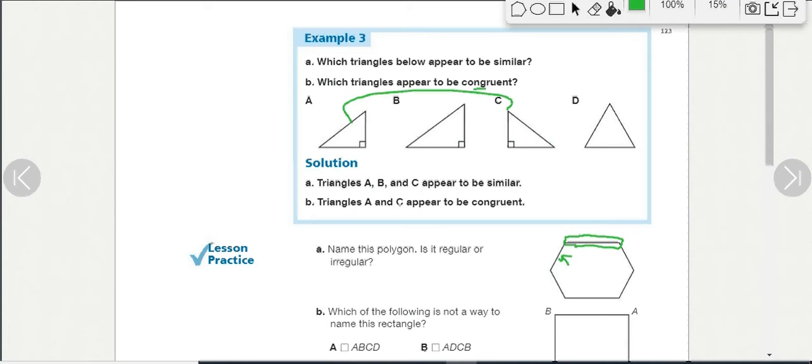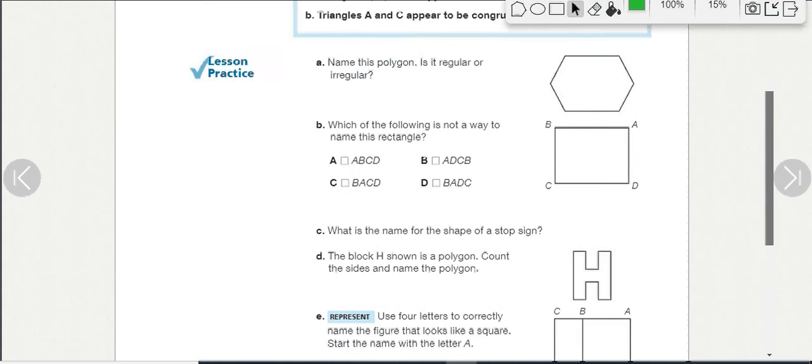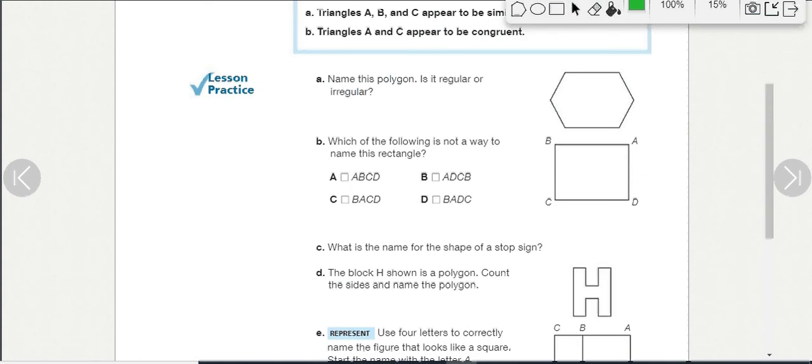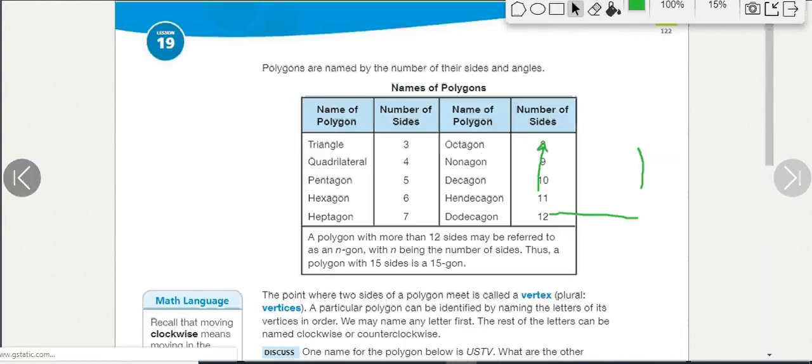Which of the following is not a way to name the rectangle? We didn't talk a lot about naming rectangles. But you got to go in order. Generally, we go clockwise, like the way that the clock goes. So A, D, C, B, I think. Let me make sure that that's what they want.